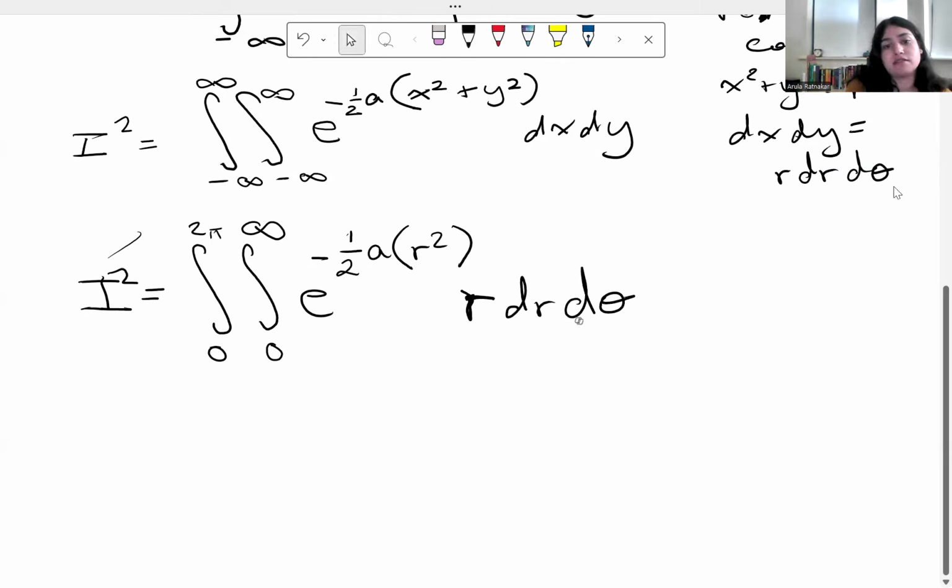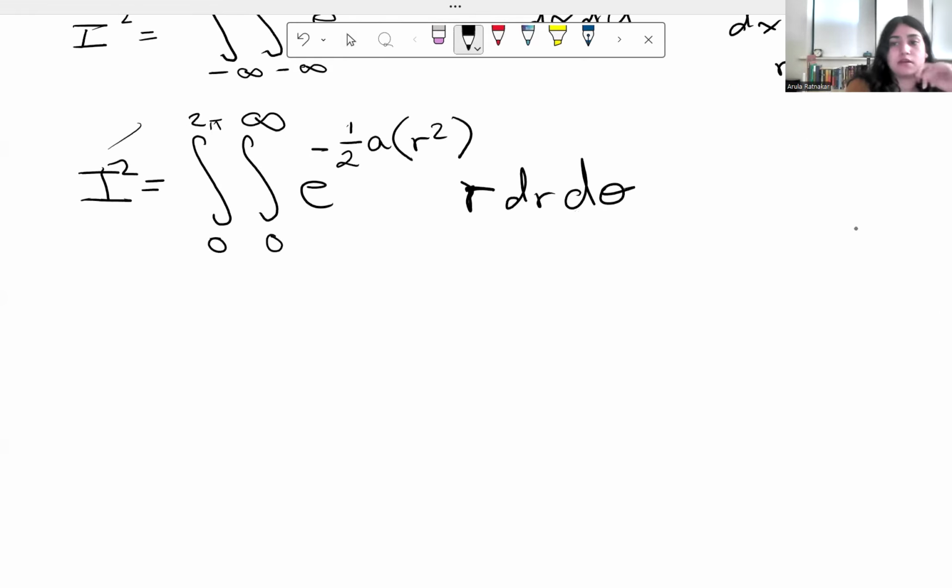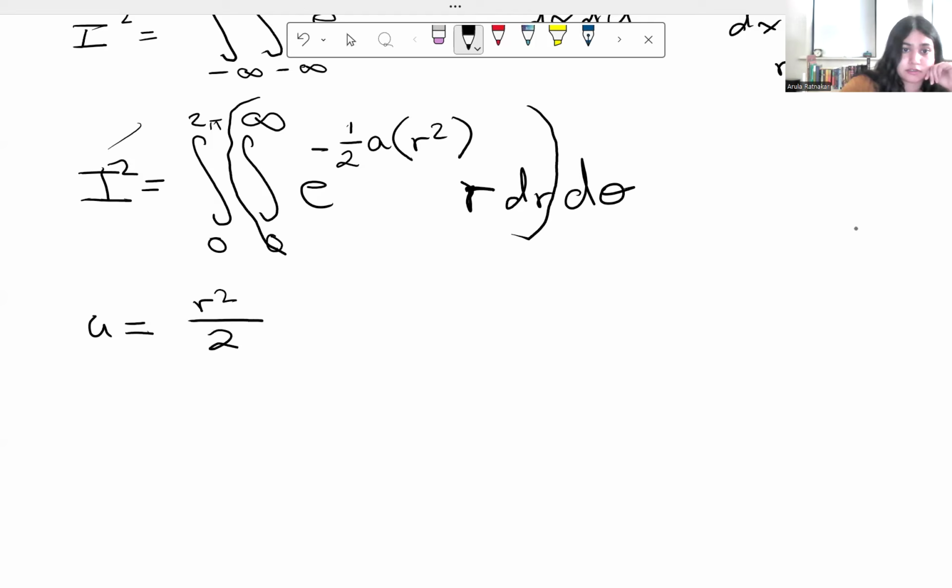Now that we have this in polar coordinate form, we can do a simple u substitution. First we're going to evaluate this inner integral. I'm going to set u to be r squared over 2, which makes du equal to r dr. And look, we have r dr right here.